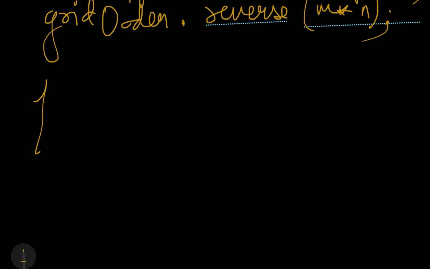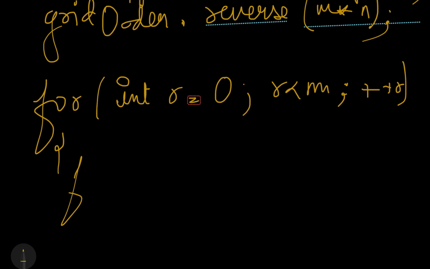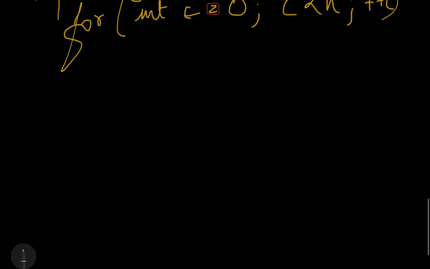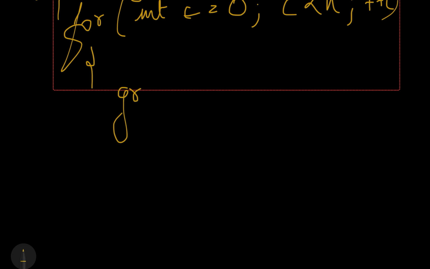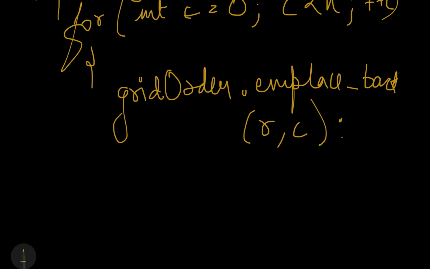Now we'll fill this grid order. How will we fill it? We'll add every cell: r equals 0 and traverse through the rows, r plus plus, and similarly for the columns, c equals 0, c less than the number of columns, c plus plus. Then we'll push back these pairs into our grid order.